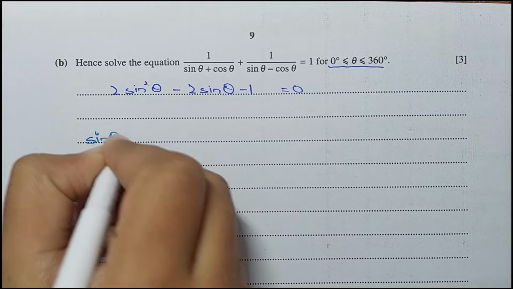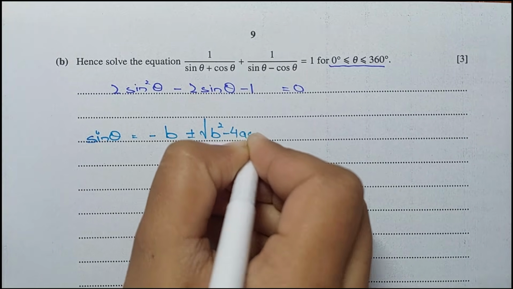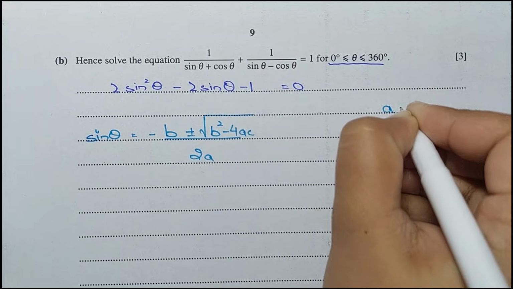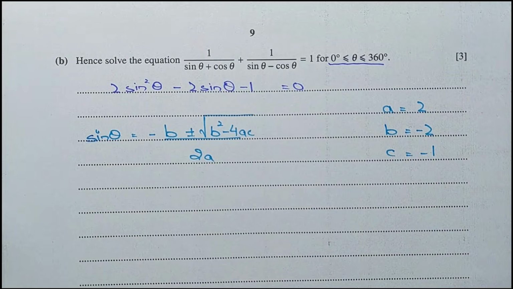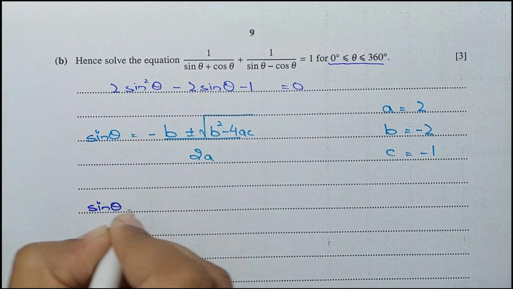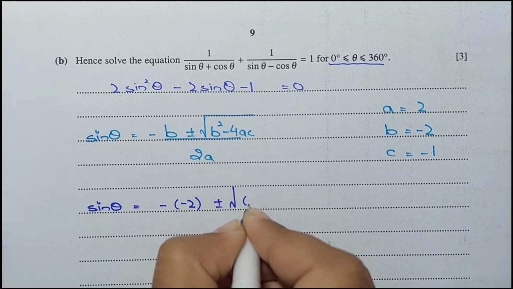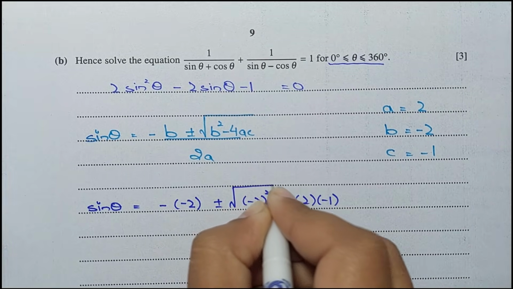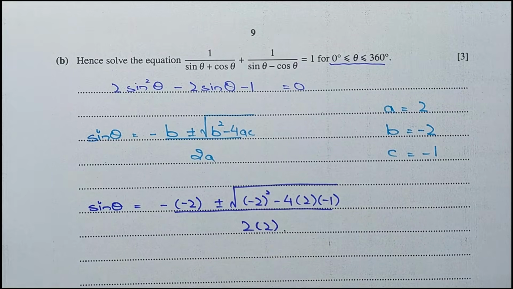So apply the quadratic formula here. Sine theta is minus b plus or minus square root of b square minus 4ac, divided by 2a, where a is the coefficient of sine square, b is the coefficient of sine, and c is the constant, which is negative 1. So here sine theta would be equal to negative the b value, minus 2, plus or minus square root of the b value, negative 2 squared, minus 4 times a times c, divided by 2 times a, which is 2.